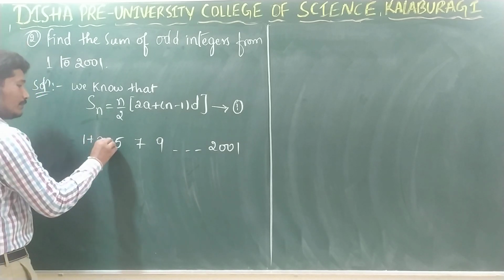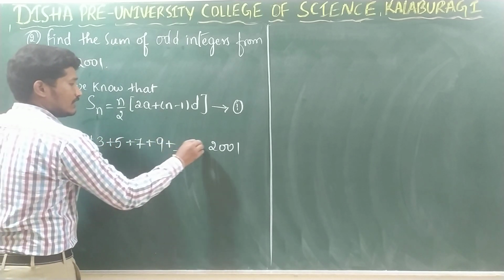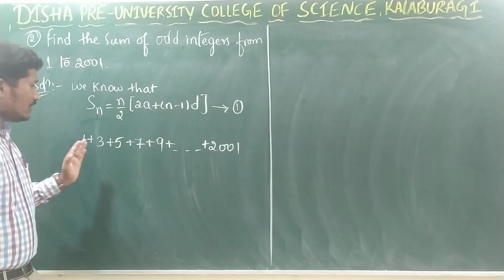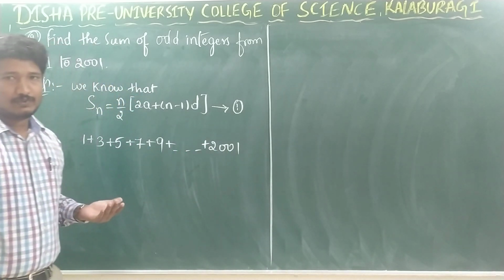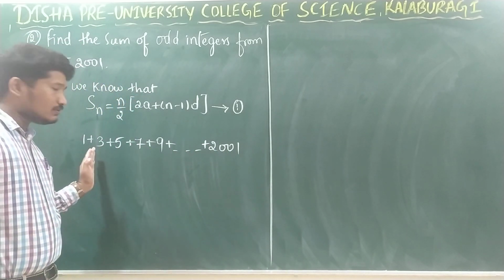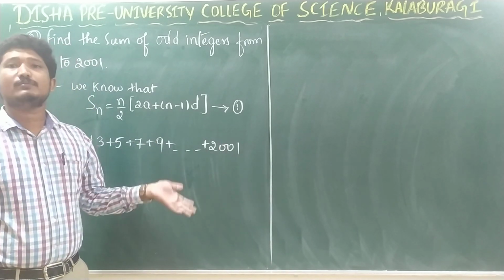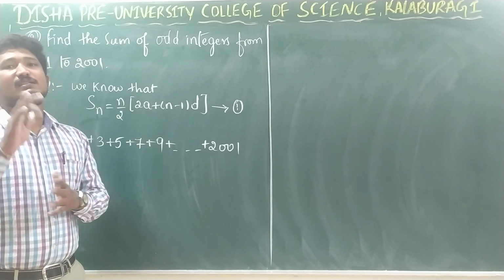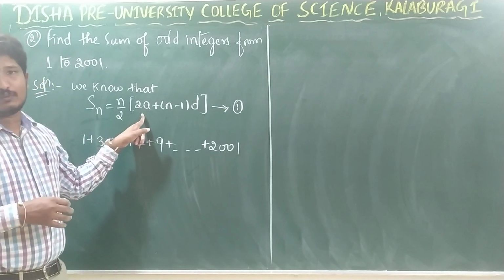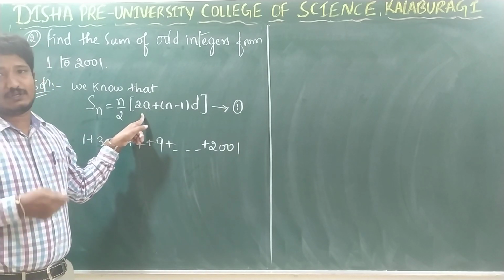That is 1 plus 3 plus 5 plus 7 plus 9, so on to 2001. We have to add all these terms. So it is difficult for us to write all the terms and add and tell the sum. That is why we use this formula, so that it becomes easy for us.